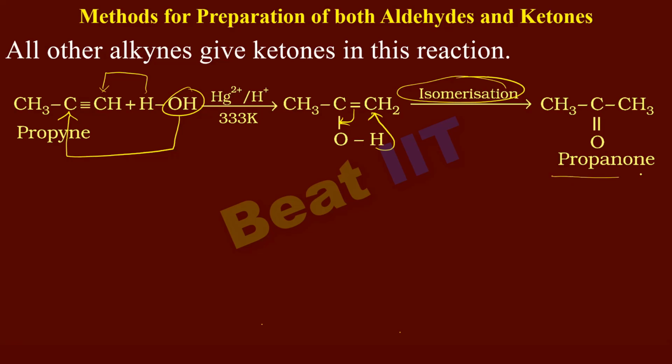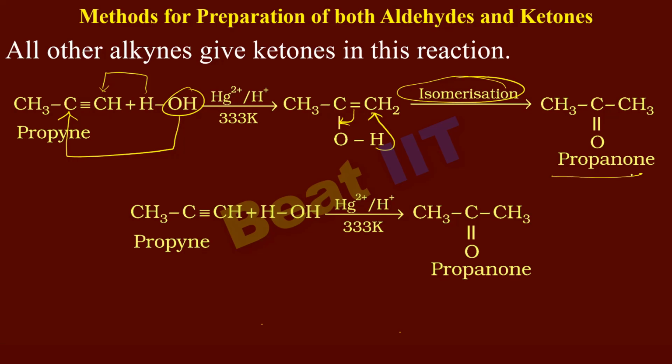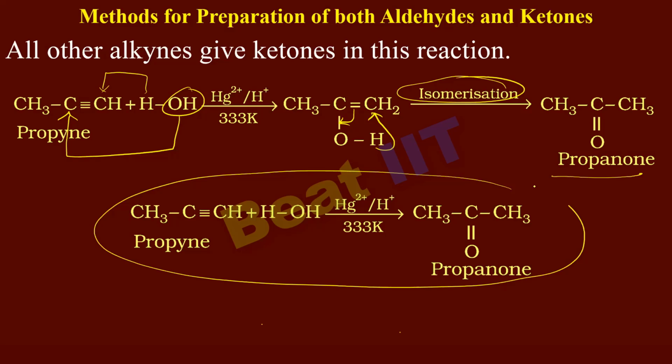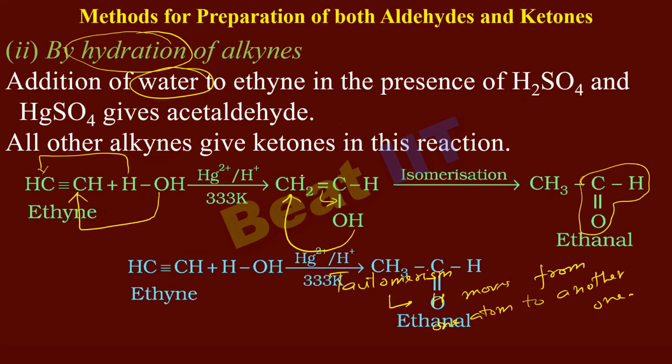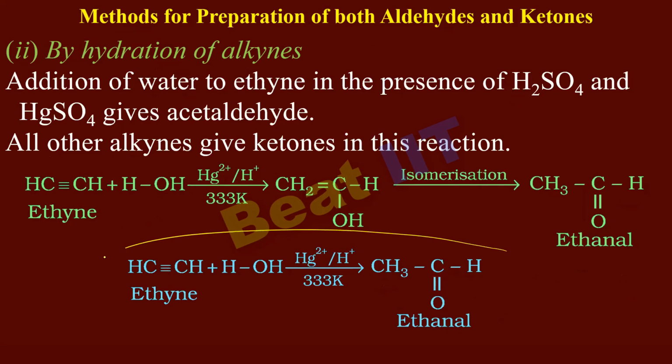And now you get propanone, and this is ketone. And this will happen with all other alkynes except ethyne. In conversions, you will use single step, whether it is ethyne, propyne, etc. So in previous case also, if it is ethyne, you will use single step if it is conversion.